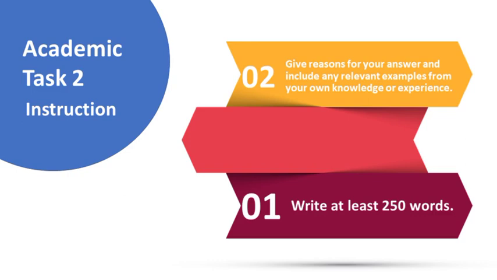So, meaning that you are not to bring any research documents or research content into your essay writing, especially the ones you cannot provide references for. So, always ensure that you give reasons for your answers. Whatever answer that you have, make sure that there are reasons to support your ideas. There are reasons to support your opinion.